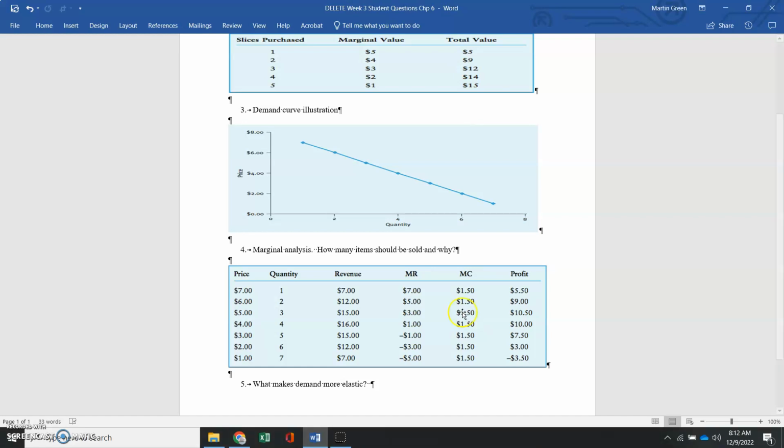As a result, what we should do as a pricing policy is set a price of $5, a quantity of 3, and a marginal revenue of $3 for a total profit of $10.50. The reason is, as soon as we go to a quantity of 4, our marginal revenue drops below our marginal cost, and so it's less profitable and it makes less sense.